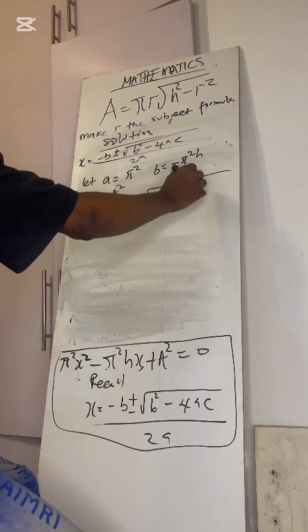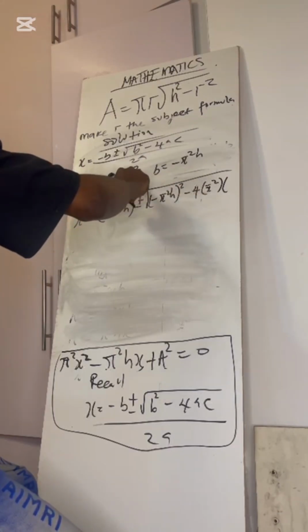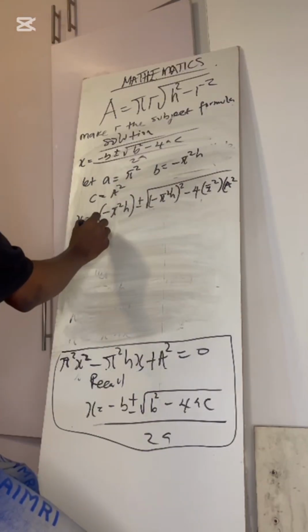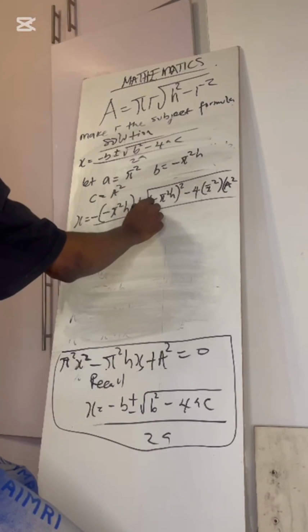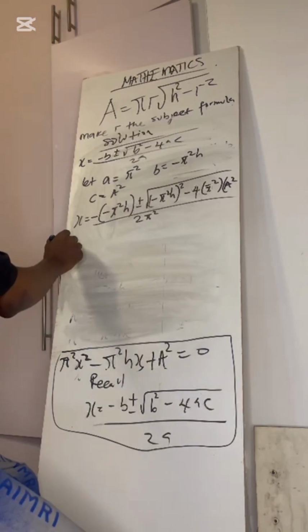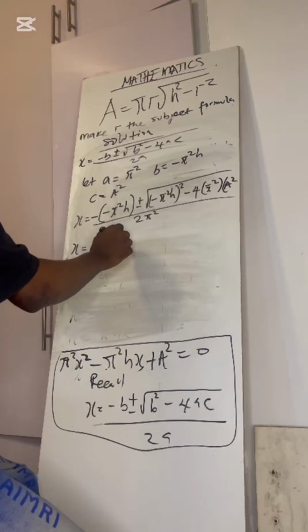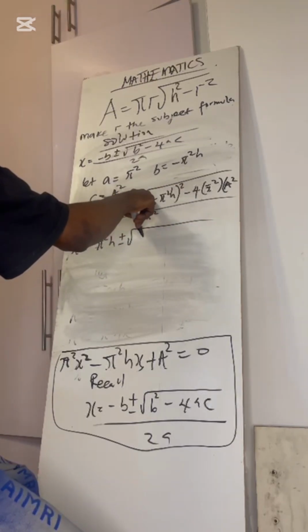Here my a is pi square, open a bracket, c is a square, all over 2 times a, 2 times pi square. So I'm having x is equal to plus, because minus times minus is plus. I don't need to put the sign, since pi square h is already a positive value, plus or minus the square will affect the minus, so the minus will go.